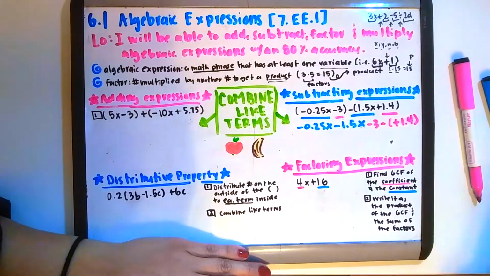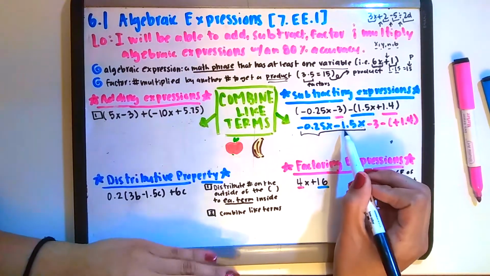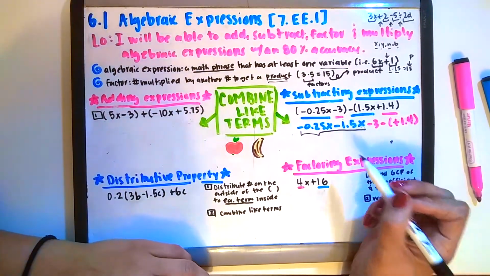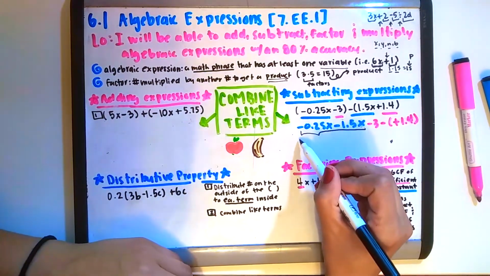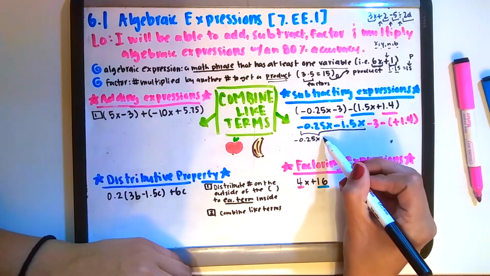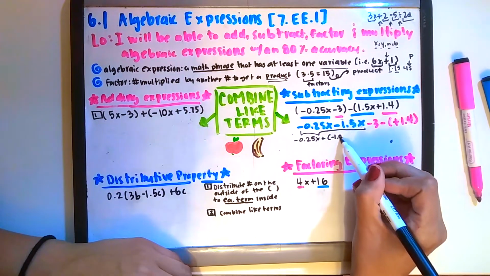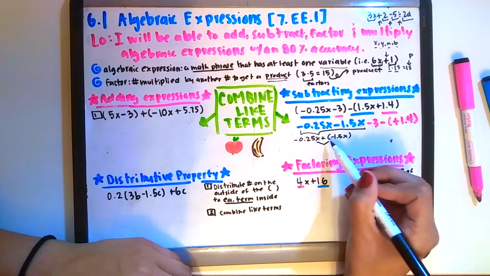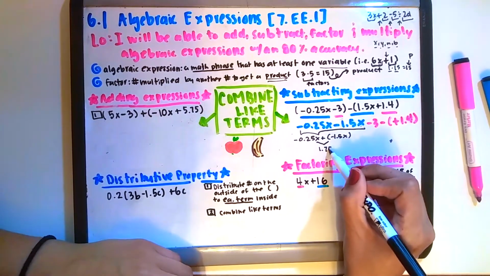Okay, so then I'm going to combine like terms. So then right here I have negative 0.25 minus 1.5. Remember, we can rewrite this as an addition of its opposite. So I can do keep, change, and then opposite. The opposite of 1.5 is negative 1.5x. So when I add those two together, same sign, I add absolute values. So that's going to give me 1.75x.